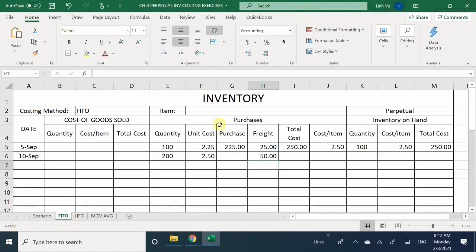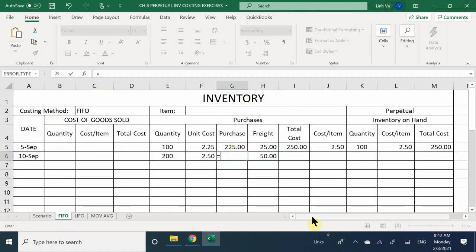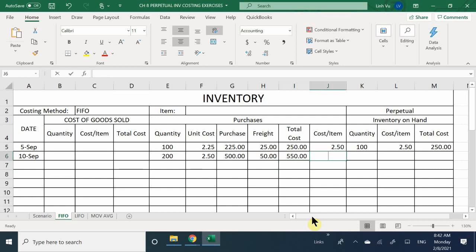So what's my total purchase price here? $500. And my total cost is $550. And then my cost per unit, or cost per item, is $2.75.